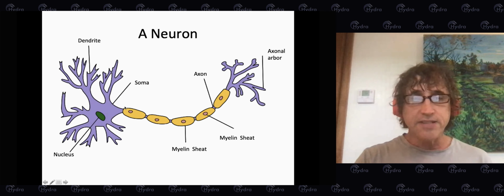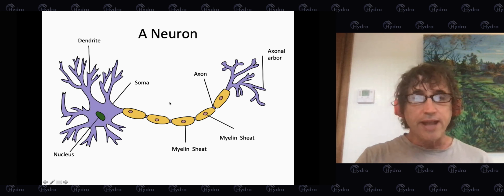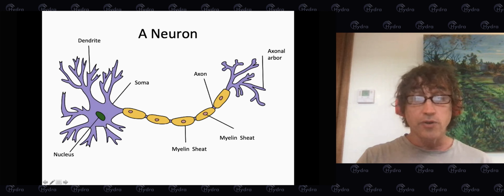This long axon is often covered with a protective, insulating sheet called myelin, right down here. And a neuron is one cell.